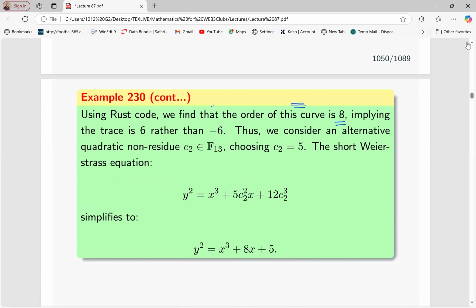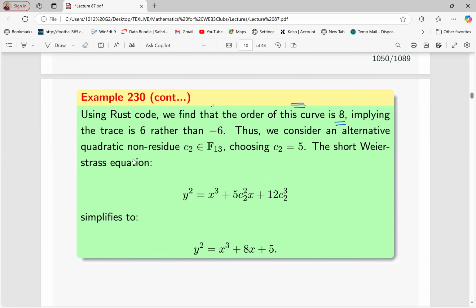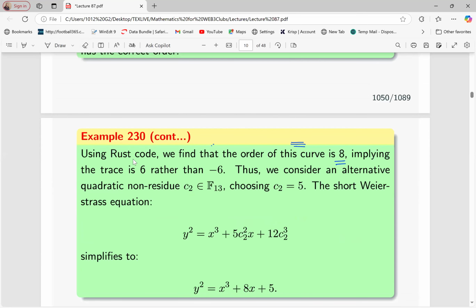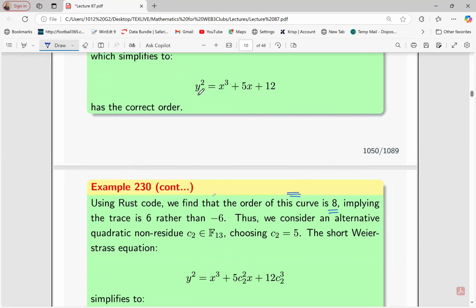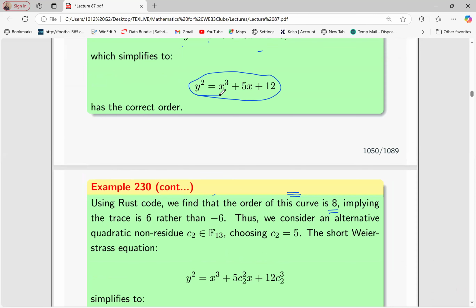So when you choose 5, you don't go back to the start. You just multiply it by the first equation here. This equation that we got was giving us 8 points after putting in C1. Now you choose a quadratic non-residue, C2 to be 5. You can try 2. It will not give you 20 points.